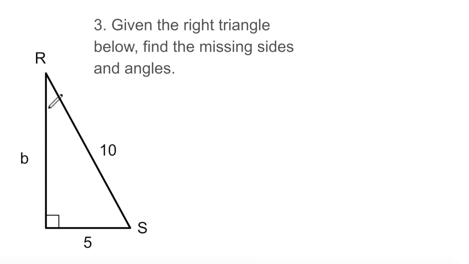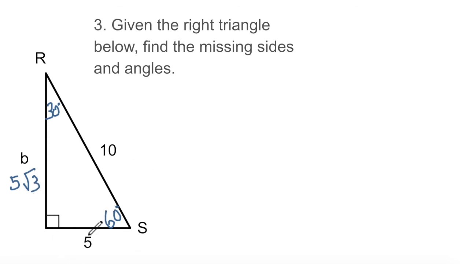So we know that this angle is 30 degrees. Angle R is 30 degrees. Angle S is 60 degrees. Side B is equal to 5 times root 3. Because the shortest side is 5, side B is going to be 5 root 3. So this is 5 root 3. And we're done.